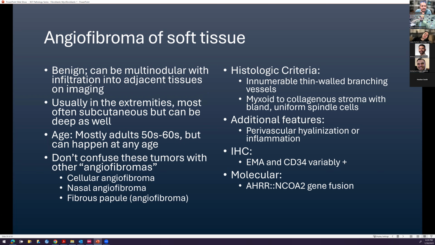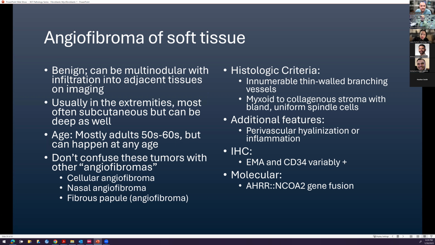It's a benign tumor, its own distinct tumor in the soft tissue. It can be somewhat multinodular to infiltrative at times, and it can push into adjacent tissues. Usually it's in the extremities, most often subcutaneous, but can be deep. It can sometimes sit on the fascial plane and extend along the fascia. It happens at any age generally.